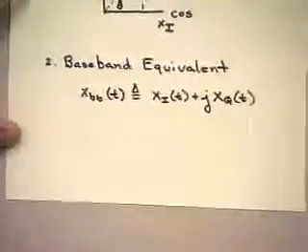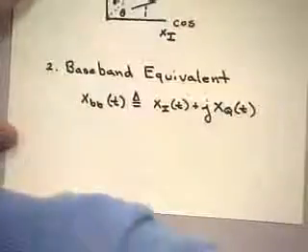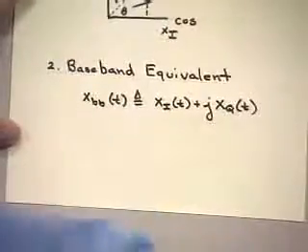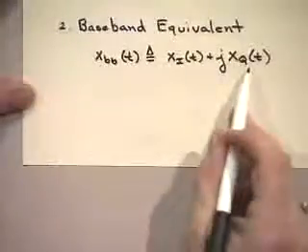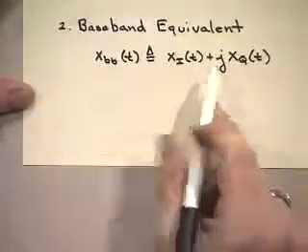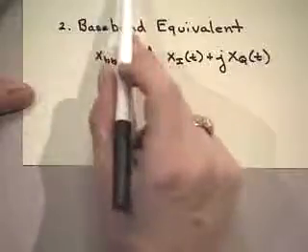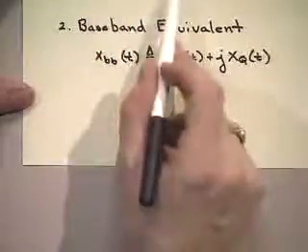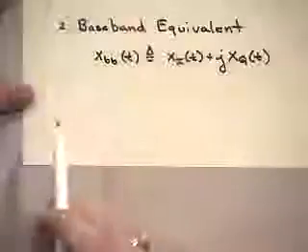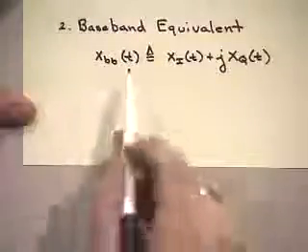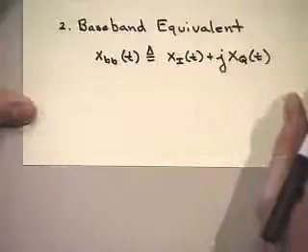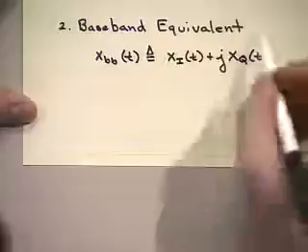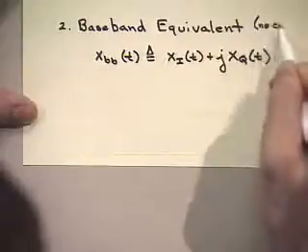So you see, for the first time, I've introduced complex numbers or complex functions in the class. And I do this by multiplying the quadrature part by j. So I can think of this as now a complex plane here, with a real part on this axis and an imaginary part on that axis. Baseband equivalent signal. Nowhere does the carrier frequency appear in this baseband analysis. So no carrier.